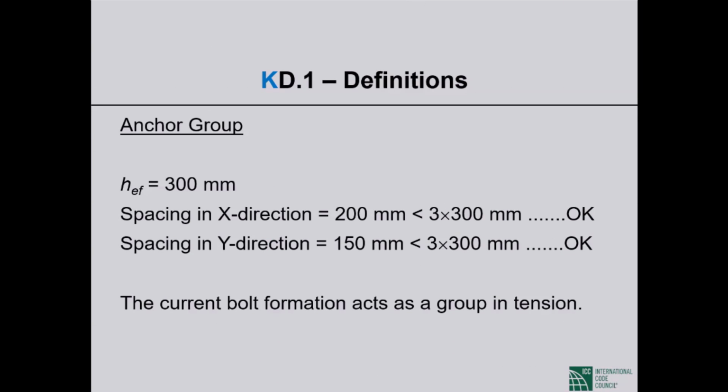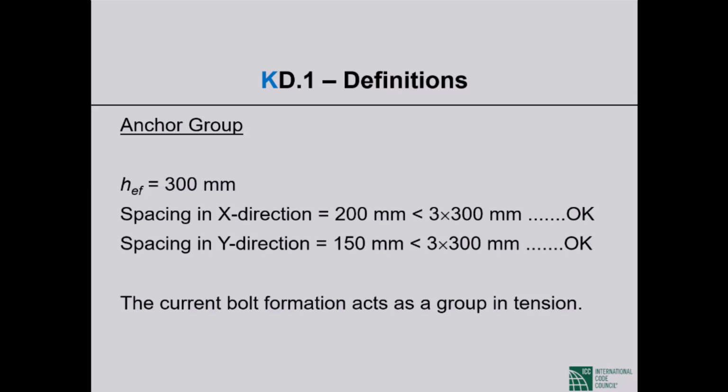Now, we have 6 anchors. So we have 4 possibilities. We may have 6 isolated anchors, 2 groups of 3, 3 groups of 2 anchors each, or a group of 6 anchors. It will depend upon the spacing in each direction. In our X direction, the spacing is 200 millimeters, which is less than 3 times the effective depth of 300 millimeters.